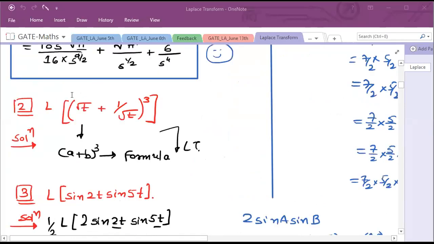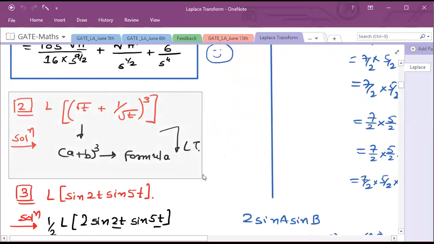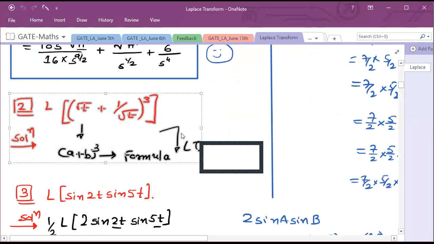This question. That is Laplace of root t plus 1 upon root t whole cube. So let me show you the solution of this question first, and then we'll begin.